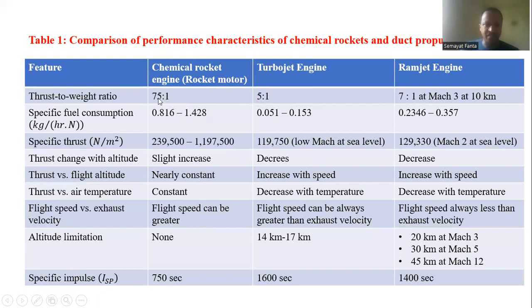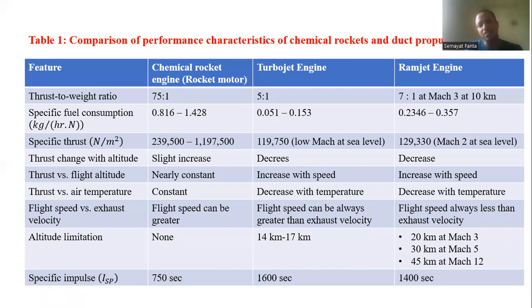So rocket has a high thrust weight ratio. Specific fuel consumption in the case of rockets is 0.816 to 1.428 kilogram per hour Newton. In the turbojet engine it is 0.051 to 0.153. So these are some parameters that you can read and understand.